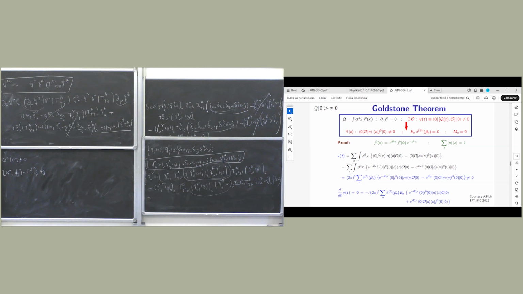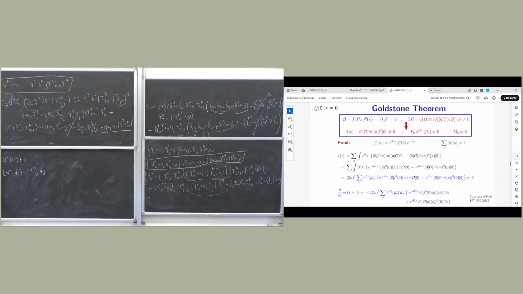So then I consider the commutator of this charge with all the fields of my theory. These phi I are all the fields of my theory.